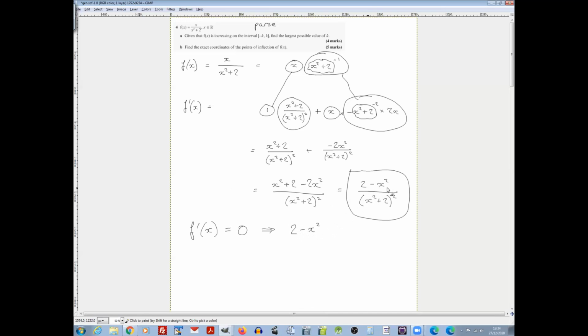Whenever you've got a fraction equal to 0, and this often happens when you're differentiating to find a stationary point, it just means the numerator is 0. Then x squared equals 2, which is simpler. And then x equals plus or minus root 2.